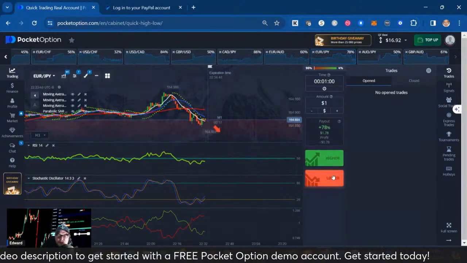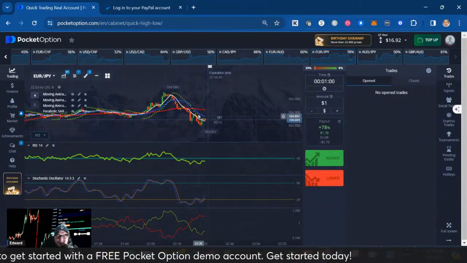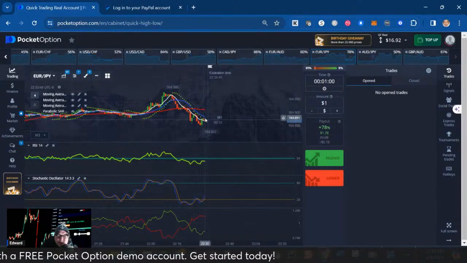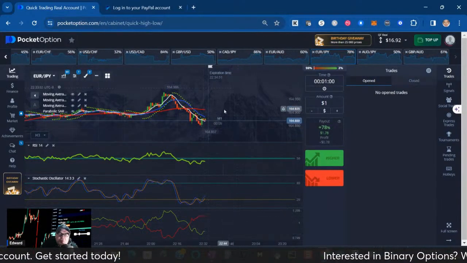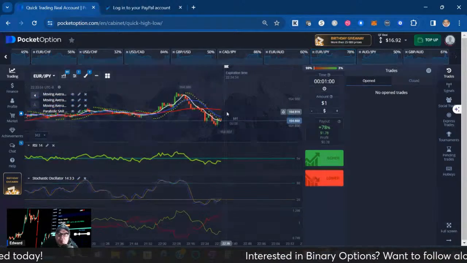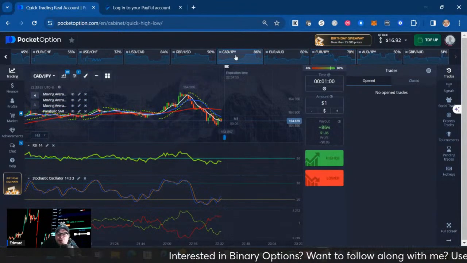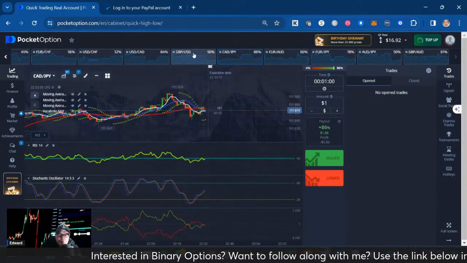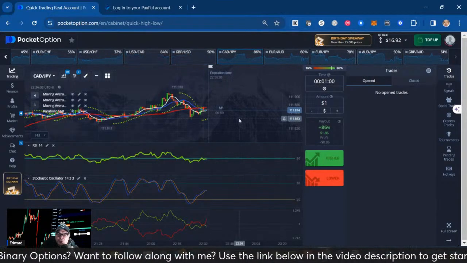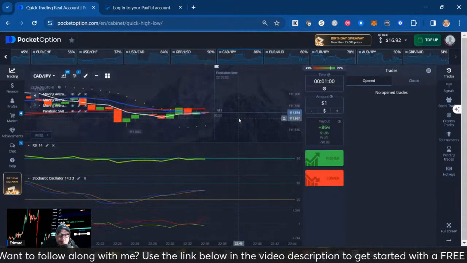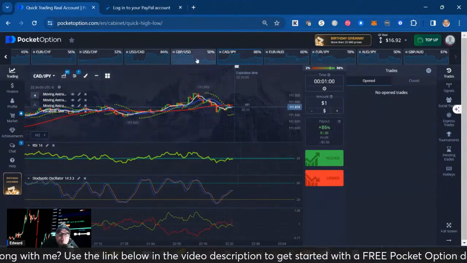There was a really, really long downward trend here. Really long. I don't know what to make of this one. The trend is up. So, yeah, it's running sideways. That's a no.